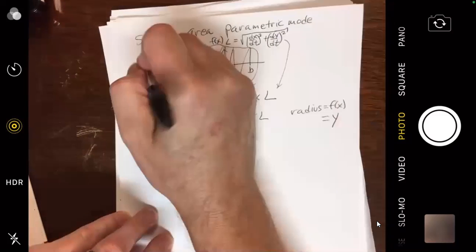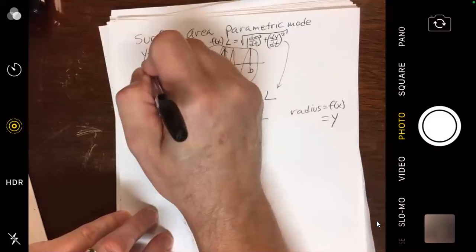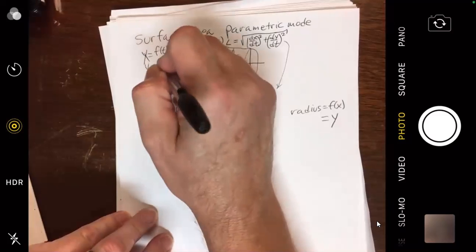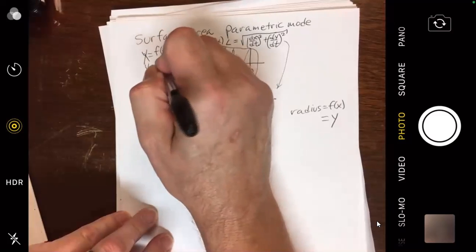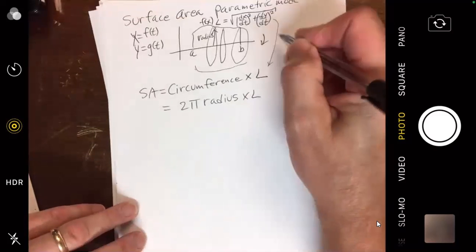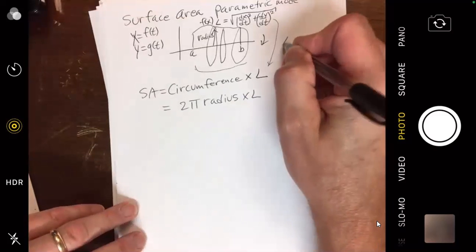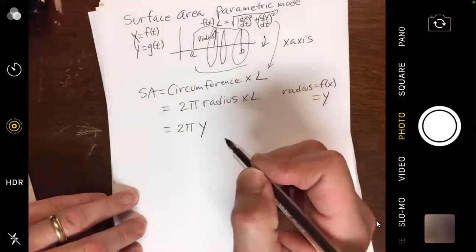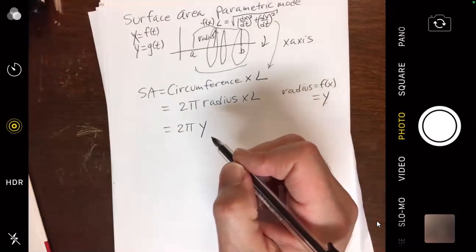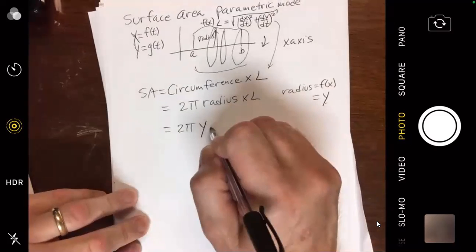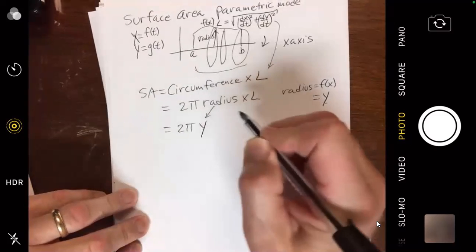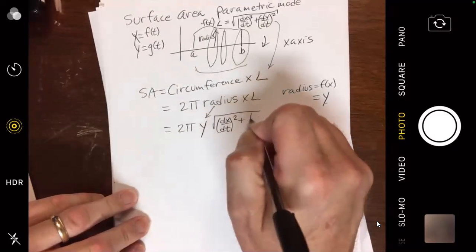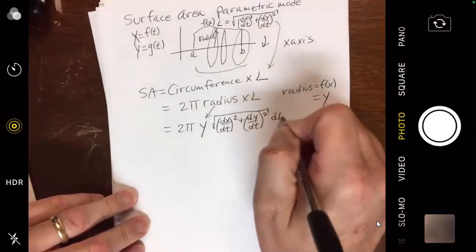And remember, you're given x is f of t, and y equals g of t. Important thing to remember is you get y, and we're going around the x-axis. So really, you're getting 2 pi times the y times L, radius is y, big square root dx dt squared plus dy dt squared.